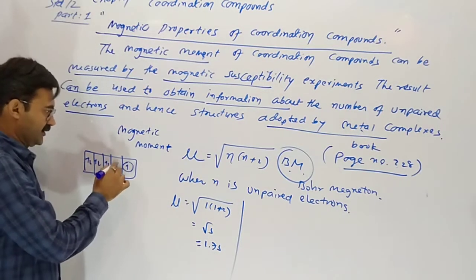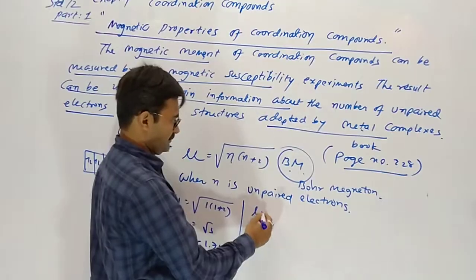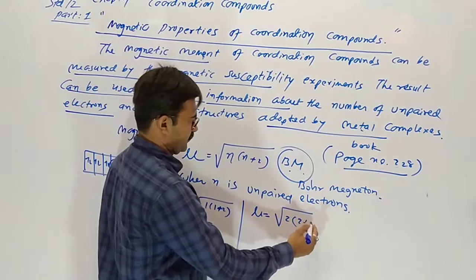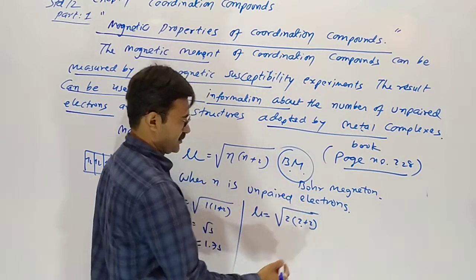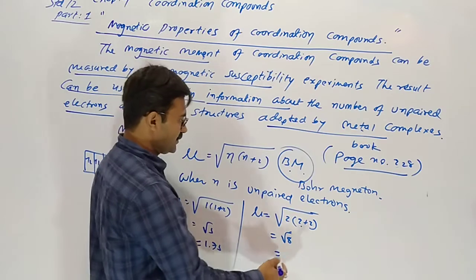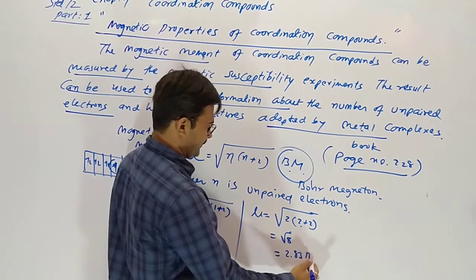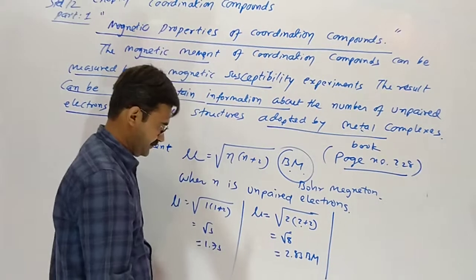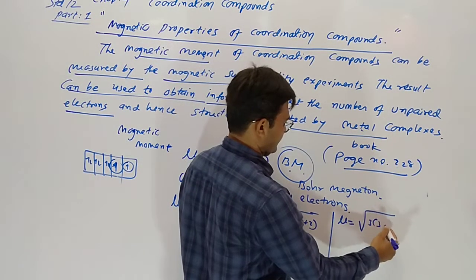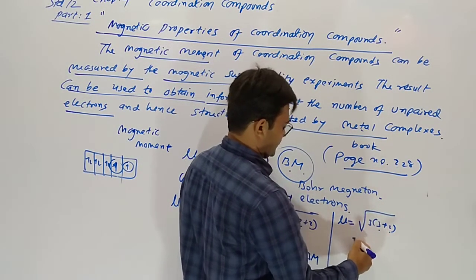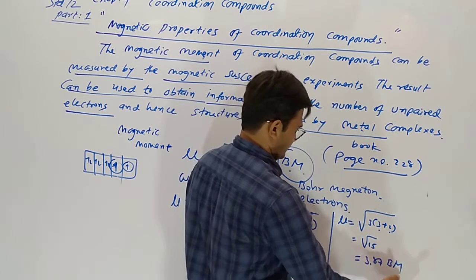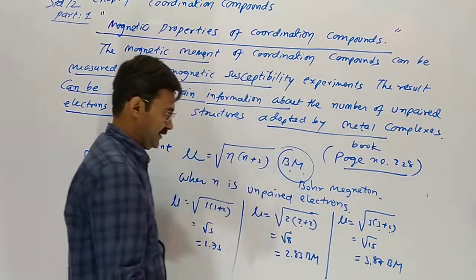If there are two unpaired electrons, then the magnetic moment will be root of 2 times 2 plus 2, which is 2 into 4, 8. So 2.83 Bohr magneton. Like this, if 3 are unpaired, 3 into 3 plus 2, 15, so 3.87.